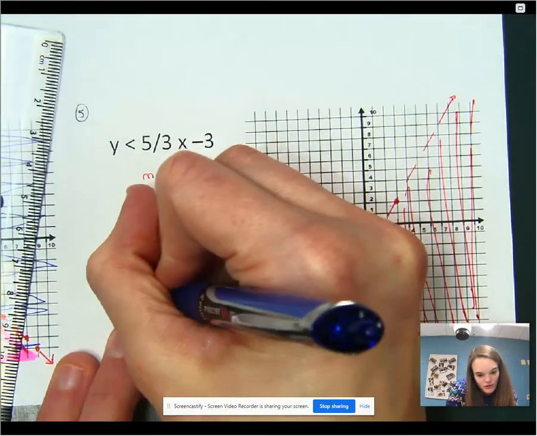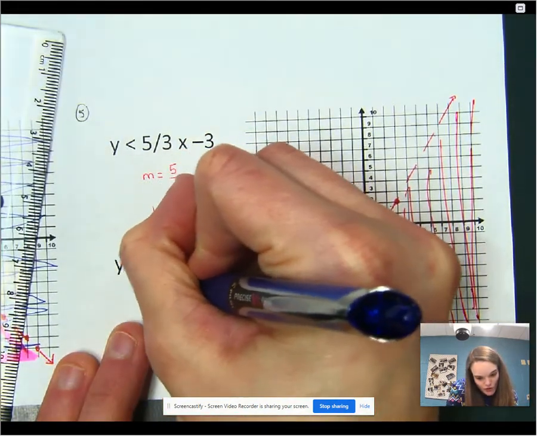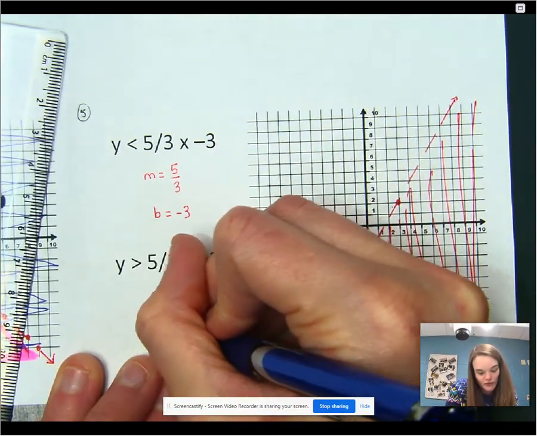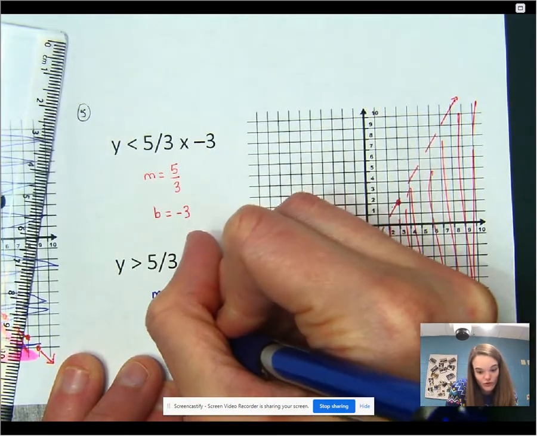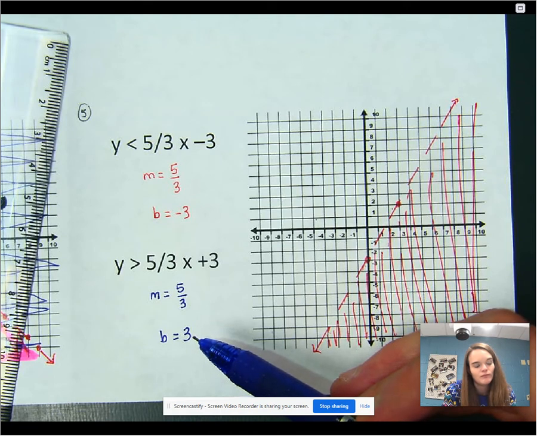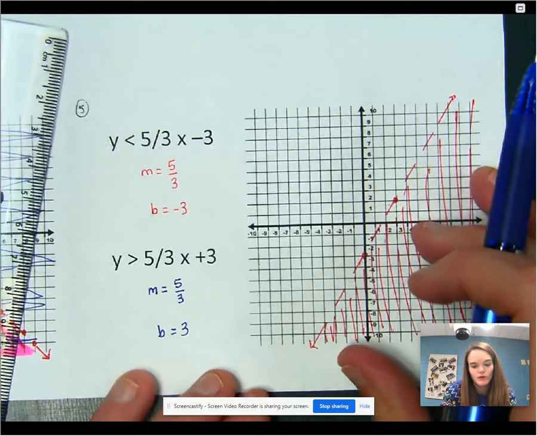The second equation, the slope is also 5/3, so they're parallel lines. But remember, just because they're parallel lines doesn't mean they're no solution. This one might be, but I don't know. Okay, so you never know.